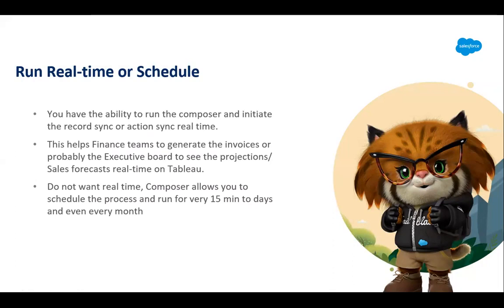You can run every Composer flow anywhere from every 15 minutes to every month. Running every 15 minutes is almost equal to real time, and apart from that it can also happen in real time within a minute, with data interactions between the two systems.